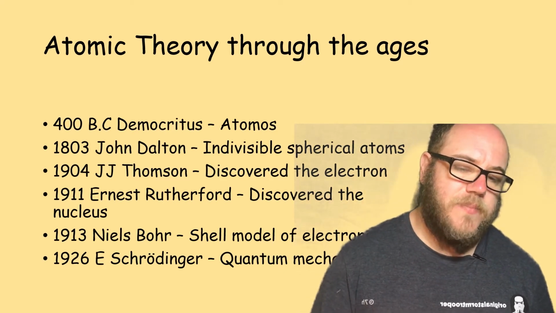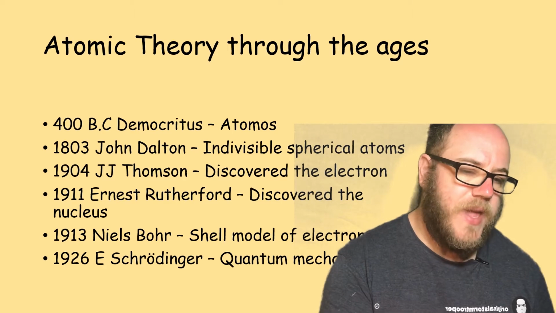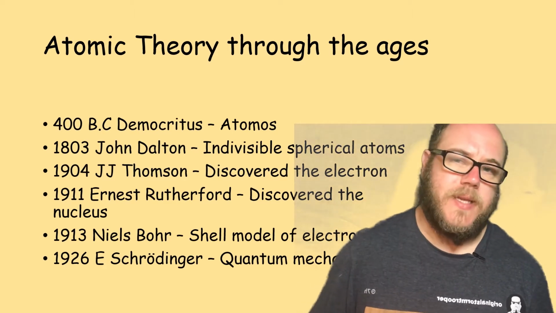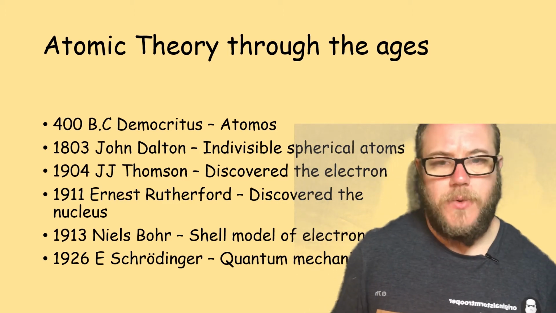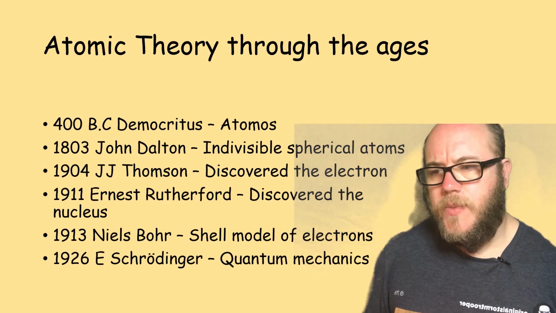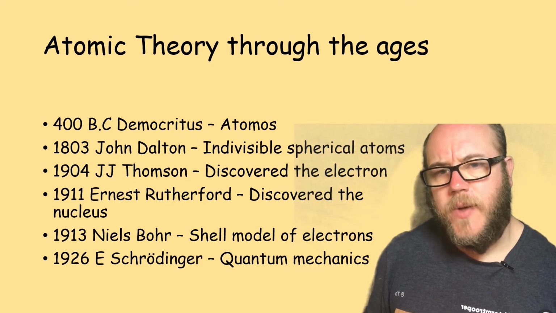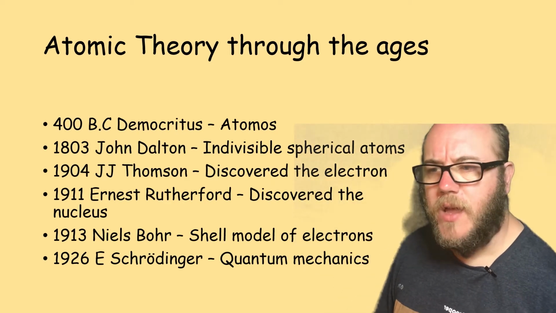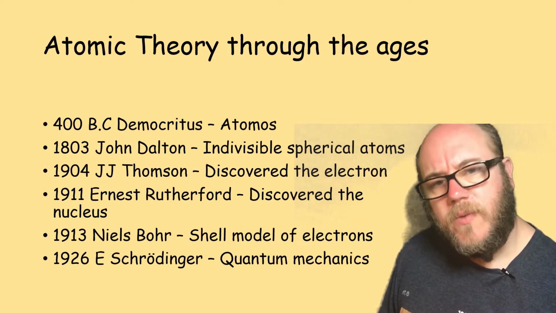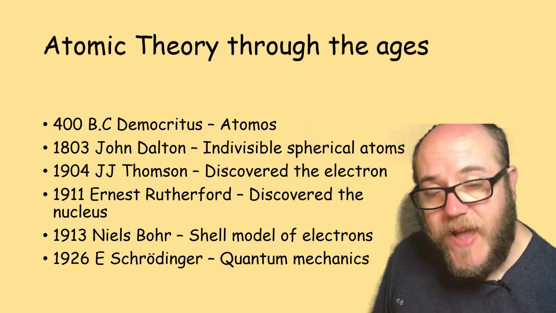Now, it does mean that an electron can only be here or here or here, but actually it's in all those places at the same time until you actually find it. And if you do find it and find out where it is, you don't actually know how fast it's going. And if you do know how fast it's going, you don't know where it is. Quantum mechanics is weird, but fascinating.